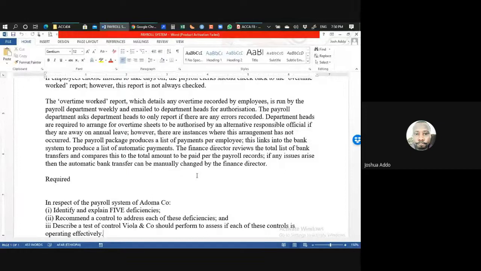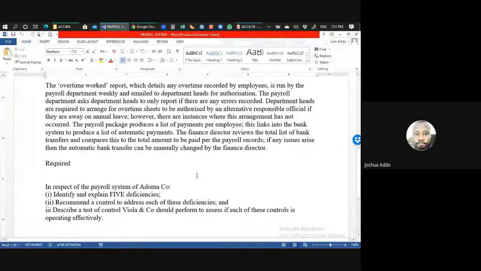The payroll department asks department heads to only report if there are any errors recorded. Department heads are required to arrange for overtime sheets to be authorized by an alternative responsible official if they are away on annual leave. However, there are instances where this arrangement has not occurred.